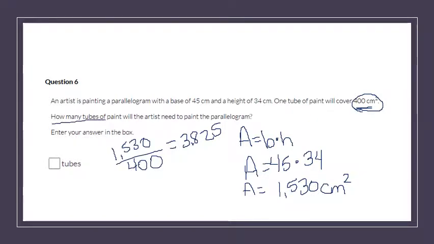But how many tubes will they need? I would say, here's your answer, but if they're going to the store to buy tubes, you can't buy 825 thousandths of a tube. You would have to actually get 4 tubes.